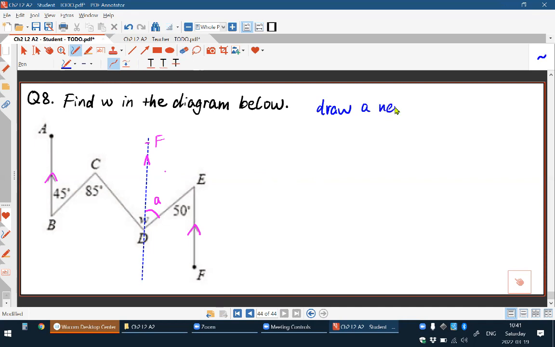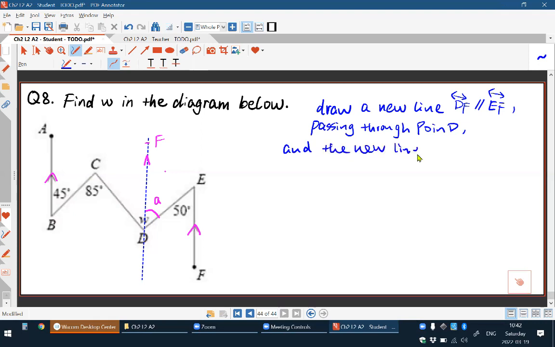Draw a new line DF parallel to EF, also passing through point D. And the new line DF must also be parallel to line AB, right? This is what we have discussed.